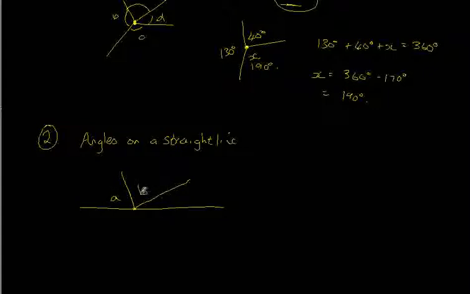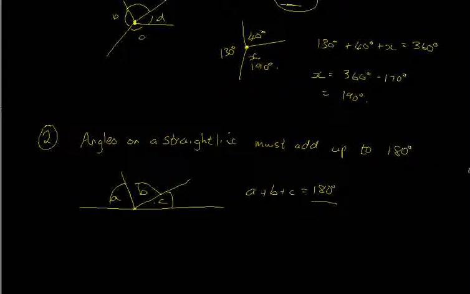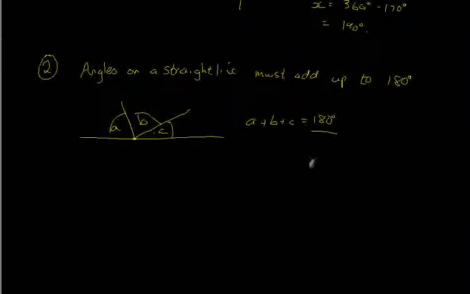Let's call the angles A, B, C. Angles on a straight line must add up to 180 degrees. So A plus B plus C, if you add all of these angles together, must give you 180 degrees. And that is our second law.